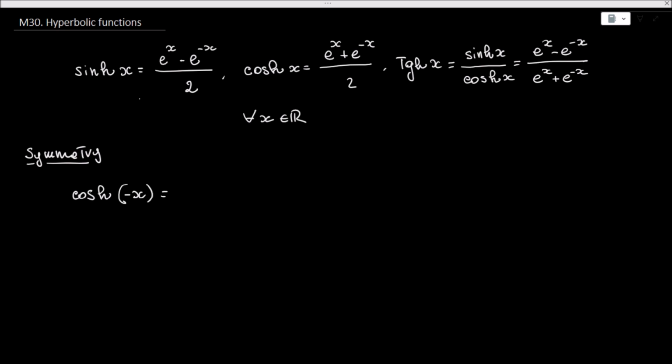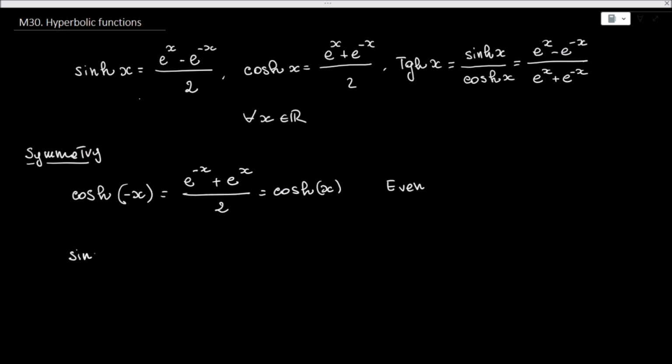Well, if we just replace minus x in the expression of the hyperbolic cosine of x, we get e to the minus x plus e to the x divided by 2, which is nothing else than the hyperbolic cosine of x.